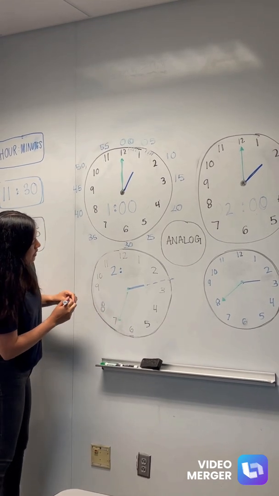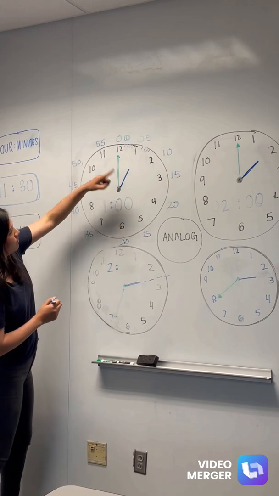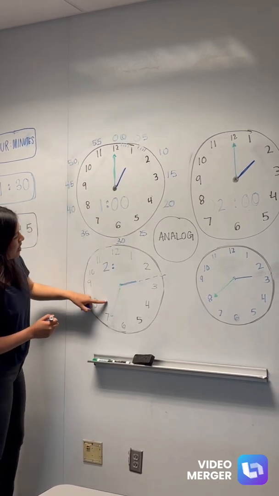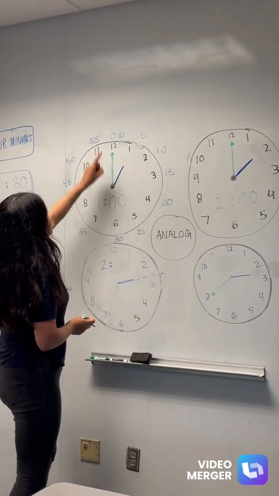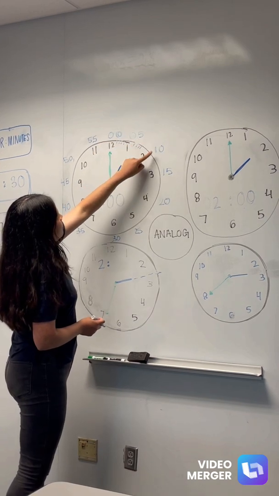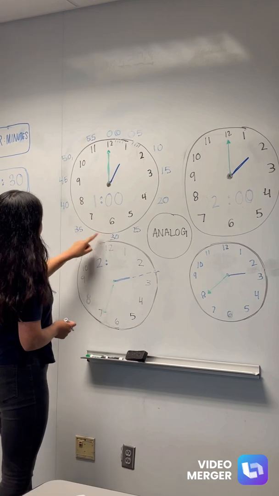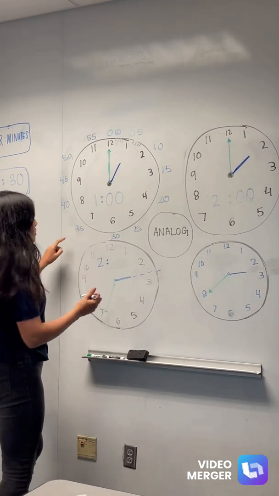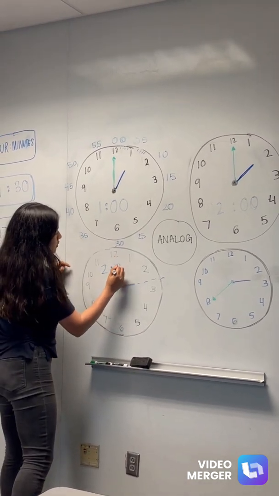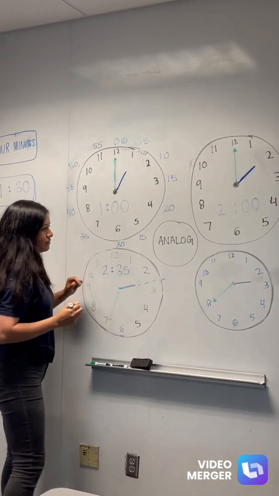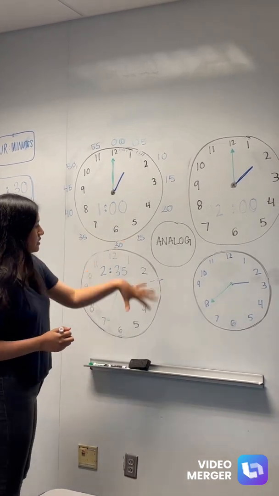So we're gonna see up here with our minutes to see how many minutes have passed by. So 0, 5, 10, 15, 20, 25, 30, 35 minutes. So it is 2:35. Awesome. So now we're gonna move on to the next clock.